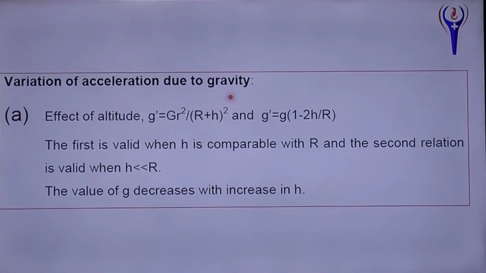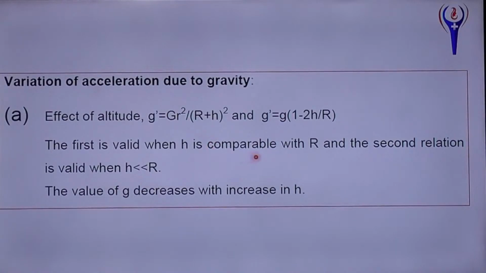Effect of altitude: when height increases, how is the value of g? g dash equal to g r square by (r plus h) whole square, or in terms of small g, g dash equal to g into (1 minus 2h by r), where h is very very less than r.